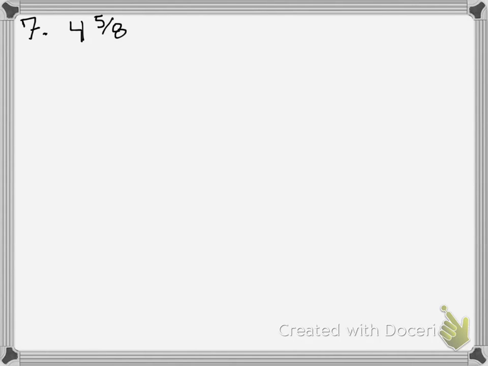Determine the width of Casey's garden if it is 2 7/8 feet shorter than the length. So that shorter means that it's smaller than. So we are actually subtracting that 2 7/8 from 4 5/8.